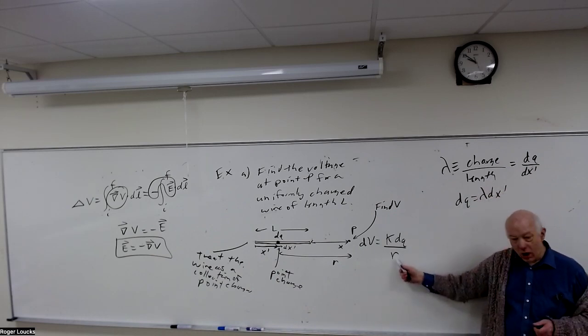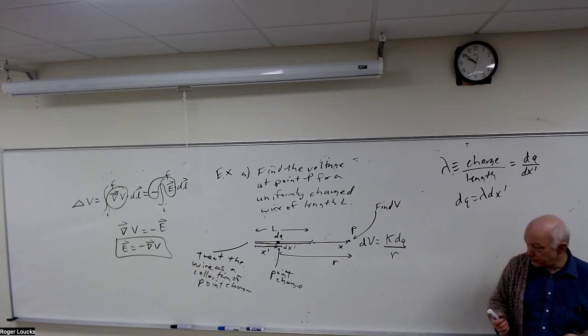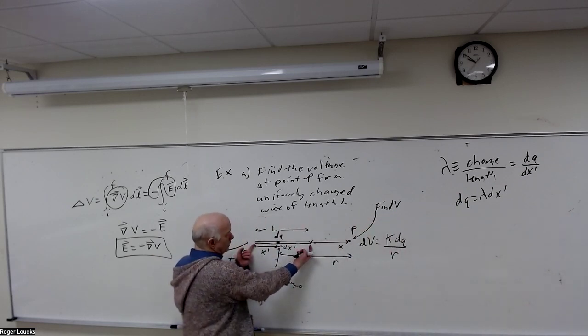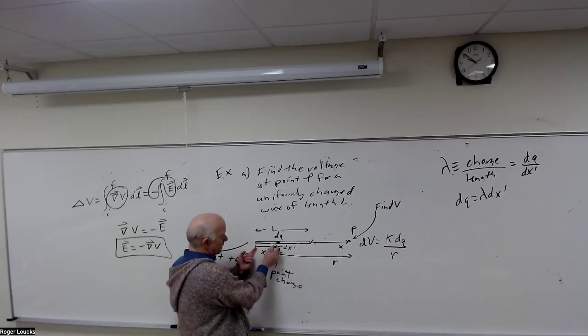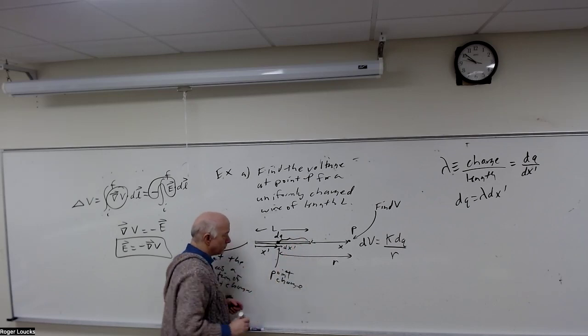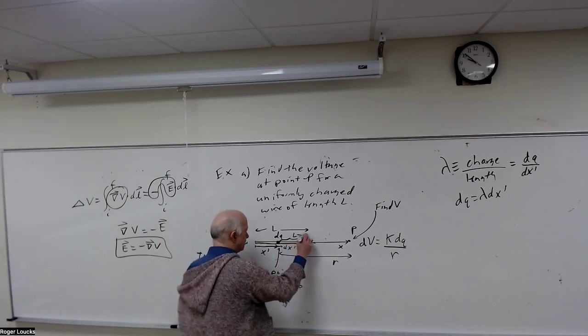So what does that mean about R? I'm going to have to write R in terms of X prime as well. So from here to here is L. If this is X prime, again, this is really tiny, so you don't even worry about the thickness. What is that distance right here? This is L minus X prime.